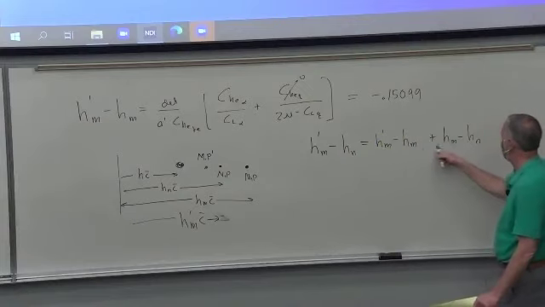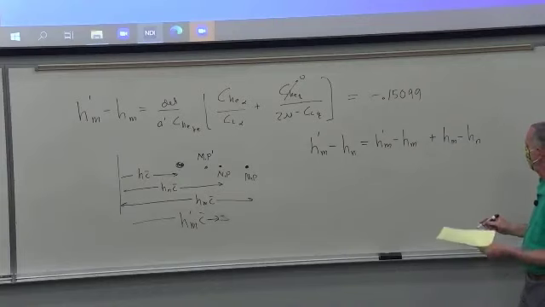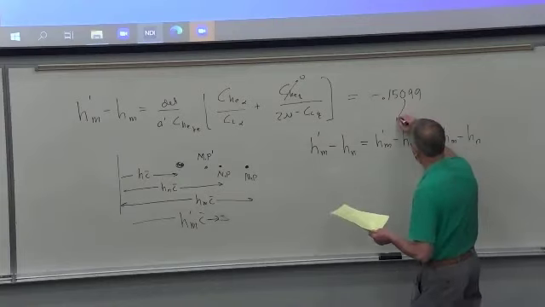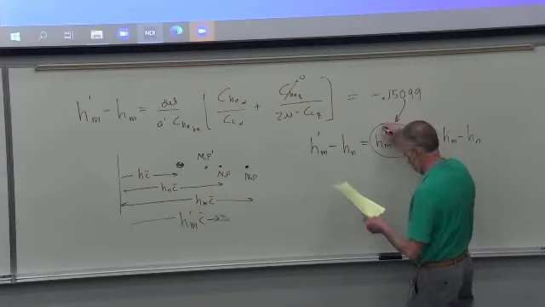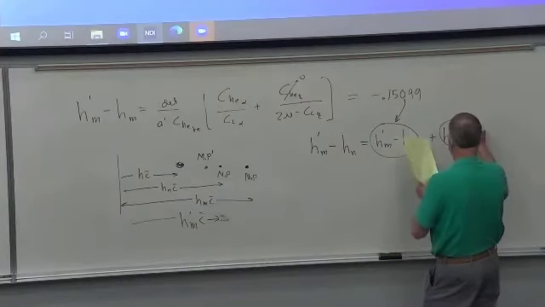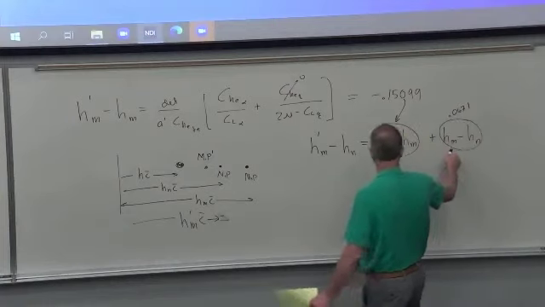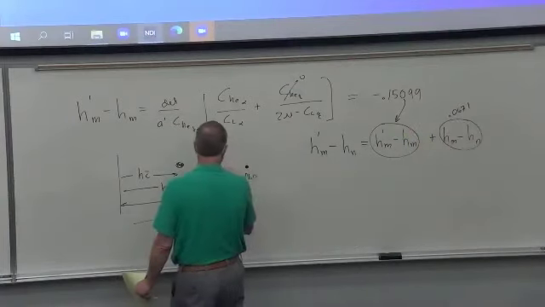I just added and subtracted HM. And this is what we calculated here. And then we knew this from before. This is how we figured out that the maneuver point was behind the neutral point.